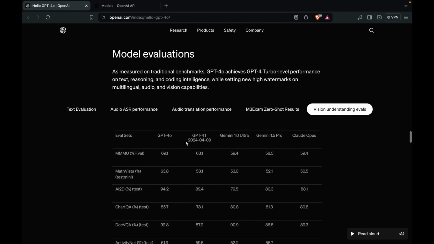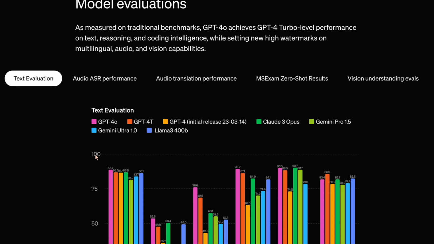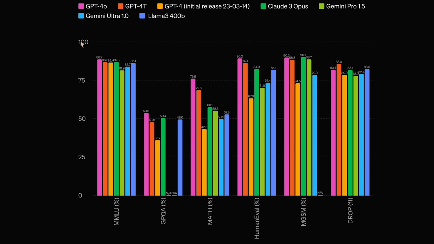So let's just see the benchmarks over here. First, let's see text evaluation. As you can see here, many latest models are mentioned, and here in the pink color we see GPT-4o and orange is GPT-4 Turbo, which is the previous best model. You can see in most of the benchmarks GPT-4o beats GPT-4 Turbo. Just in the DROP or DROP F1 test evaluation, it is beaten by GPT-4 Turbo.